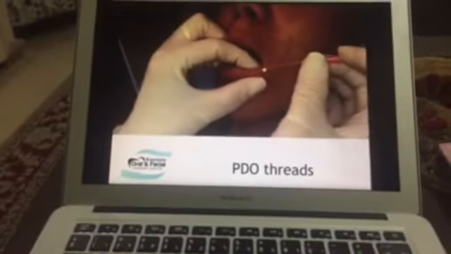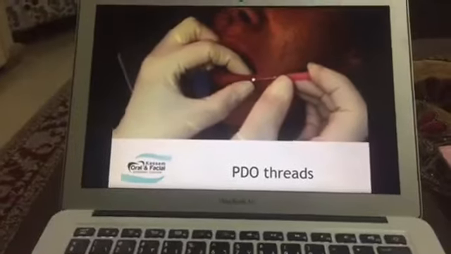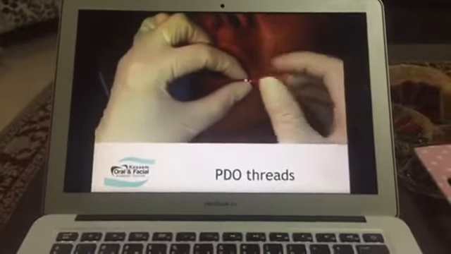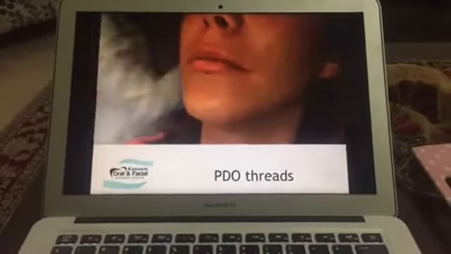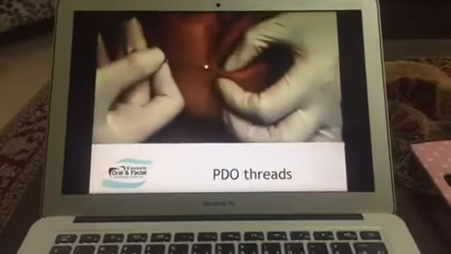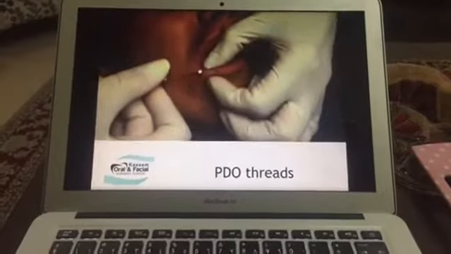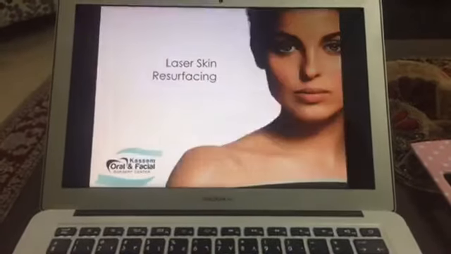We go to the upper lip first, then we start the lower lip. I prefer to finish side by side. I prefer to start with the left side, then I do the right side.